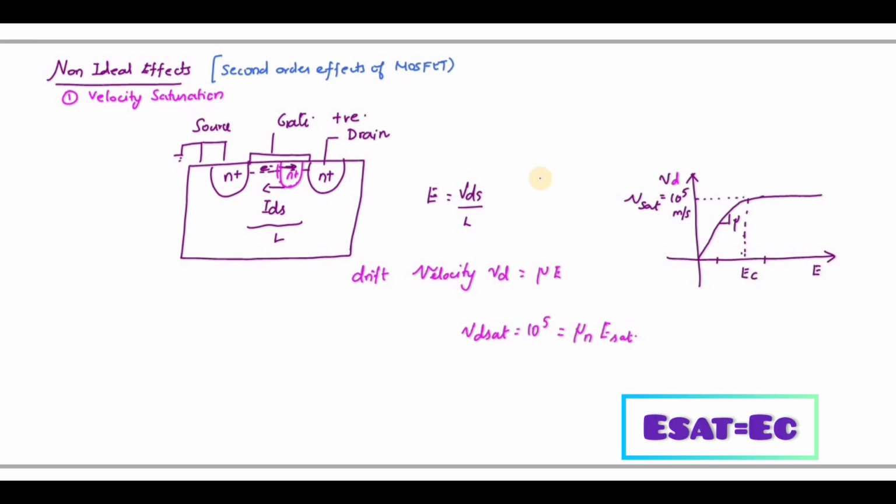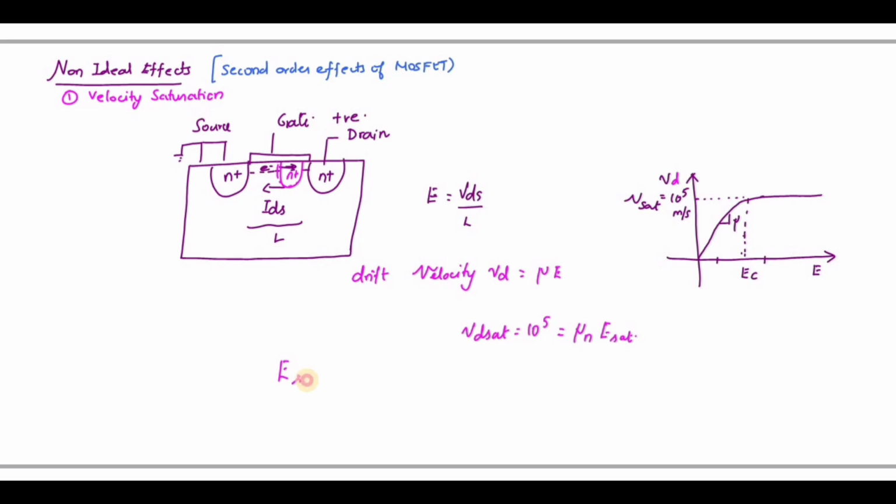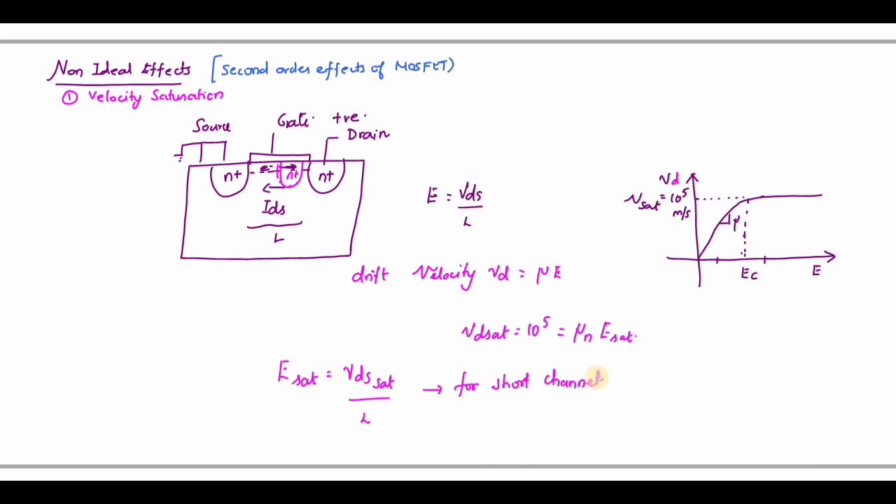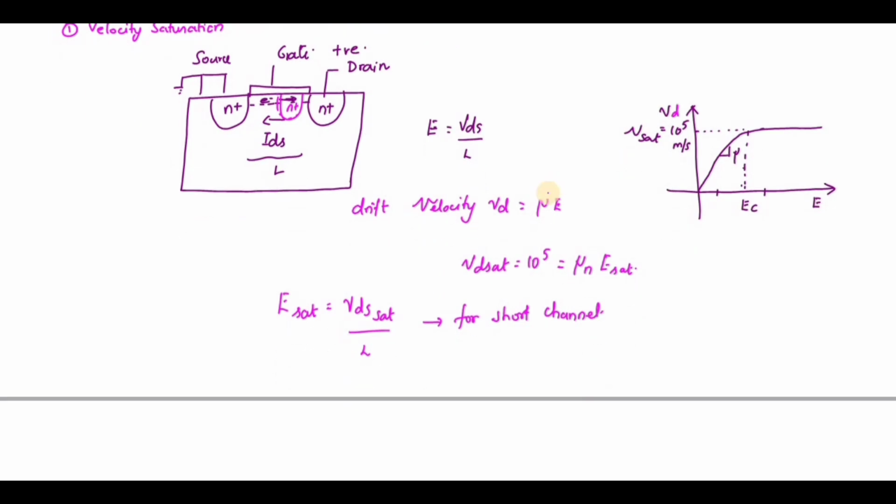So E saturation is equal to VDS saturation divided by L. This is for a short channel. I can substitute this in my first equation; this is my first equation and this is my second equation.